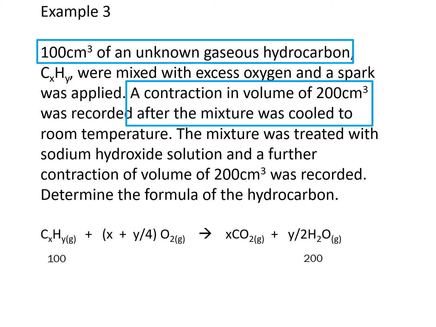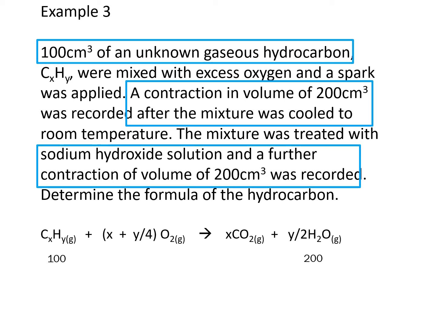So you can put 200 underwater there. And then we're told the mixture was treated with sodium hydroxide solution, and a further contraction of volume of 200 centimetres cubed was recorded. And again, as always, carbon dioxide is the acidic gas here. That's what reacts with the sodium hydroxide. So there was 200 centimetres cubed of carbon dioxide.